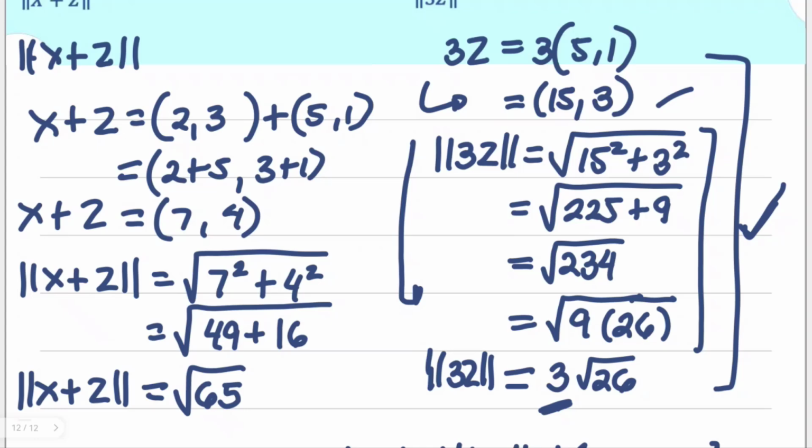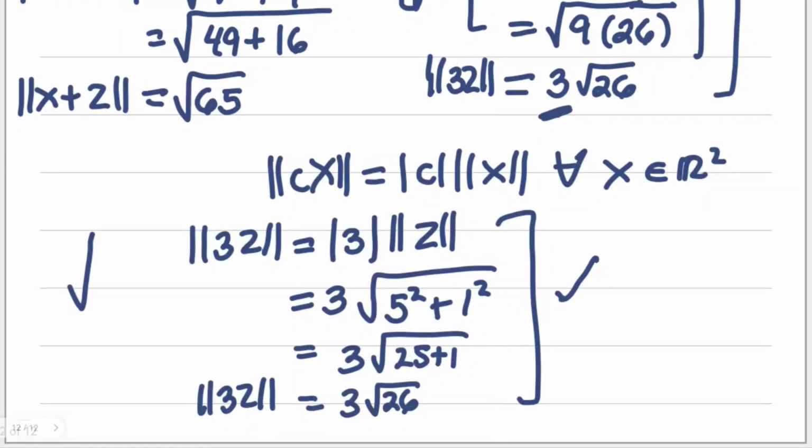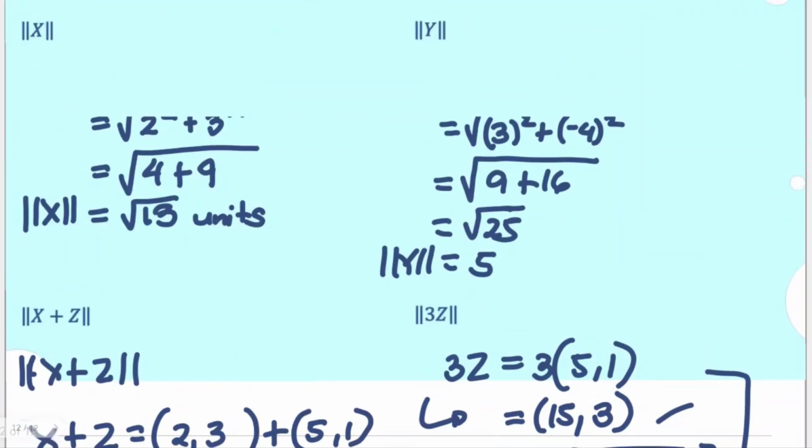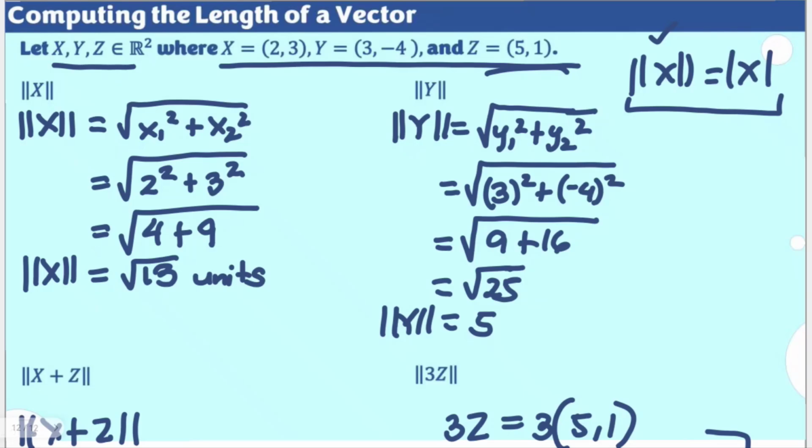Just like here, the square root of 234 can still be simplified. So you need to look for perfect square factors to be able to simplify that. But if you're going to use the property, you don't need that process, because you can automatically take out the scalar per property. This is how we solve the length or norm of vectors, which also includes the results of vector operations. Thank you very much for watching.